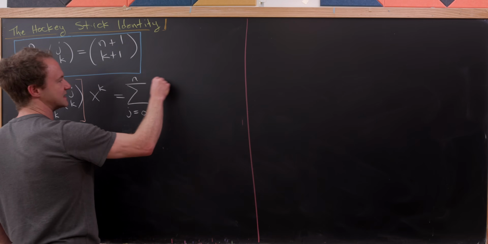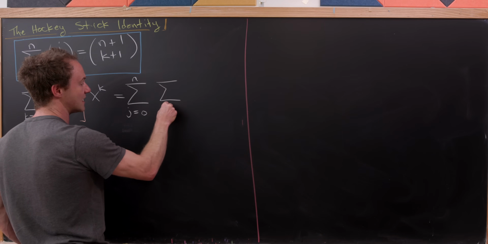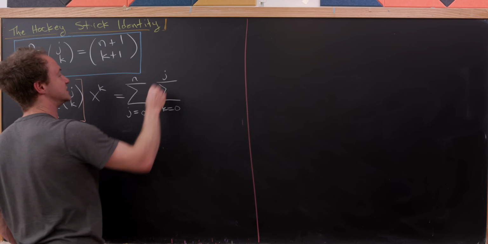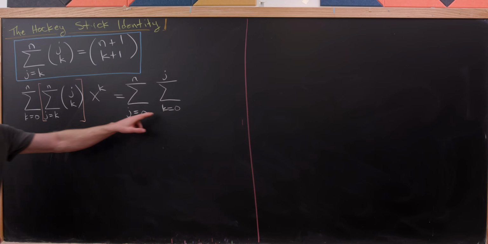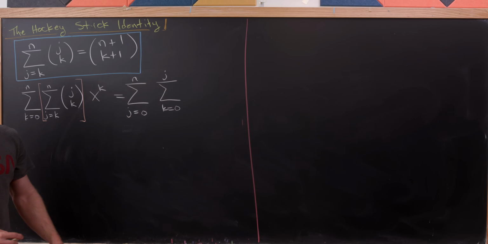And then we'll have k going from 0 to j, because notice that j starts at k, which means that k has to end at j. I think that's pretty clear, hopefully.